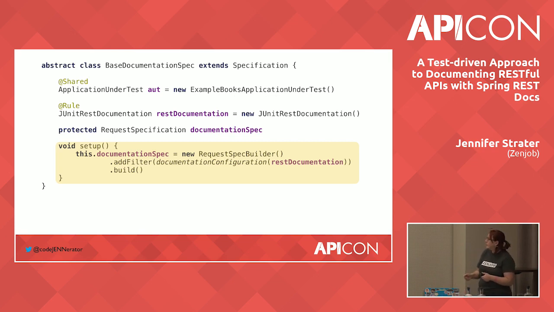But the really cool thing about this Rest Assured version is that it works just differently than mock MVC. So mock MVC runs against, as it says in the name, a mock of your application. So it's very dependent on things that are running locally, whereas Rest Assured runs against any live URL.